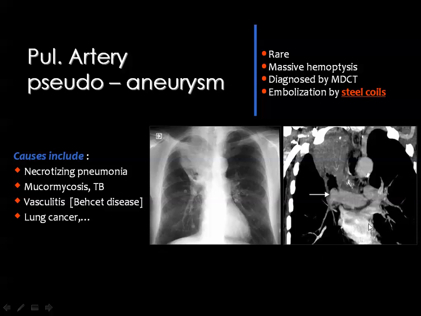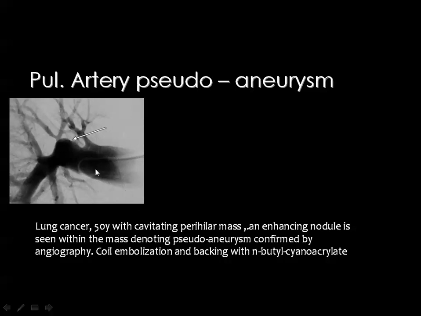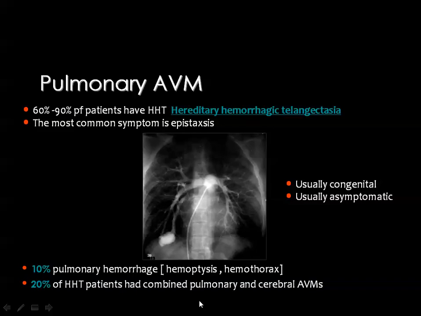The risk of major hemorrhage is great in such conditions, and we introduce a catheter to demarcate the site of the aneurysm, and then we put a lot of steel coils at the site of the aneurysm and the pulmonary artery to prevent the risk of bleeding.